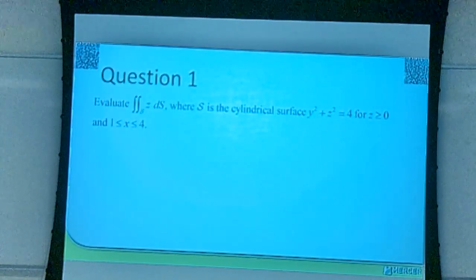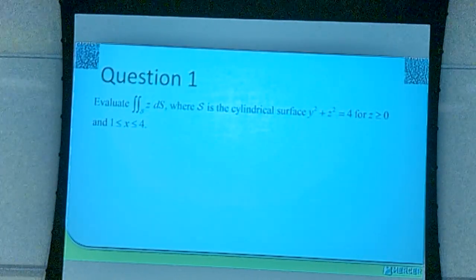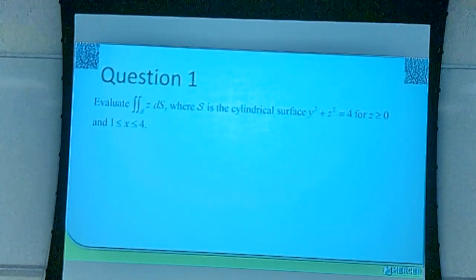Evaluate the surface integral, so the integral of z across the surface of the cylinder y squared plus z squared equals 4, for z greater than or equal to 0, and x between 1 and 4.